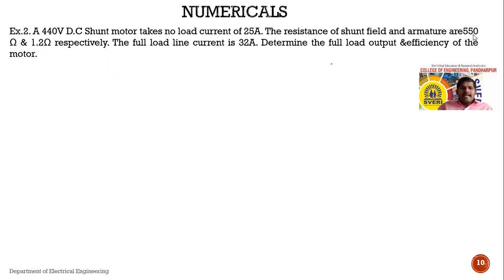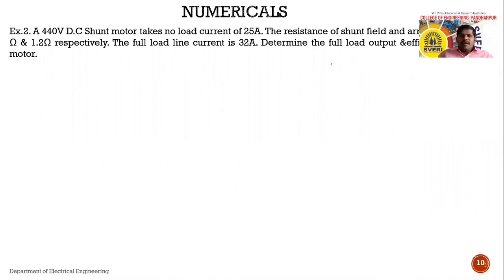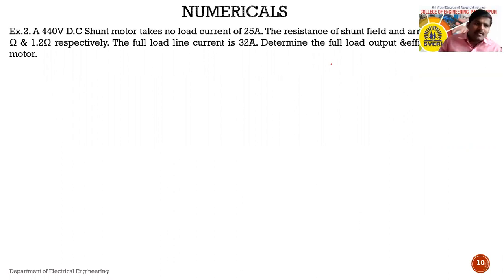The full load line current is 32 ampere. Determine the full load output and efficiency of the motor. Again, same problem. We want to determine the output power as well as the efficiency.